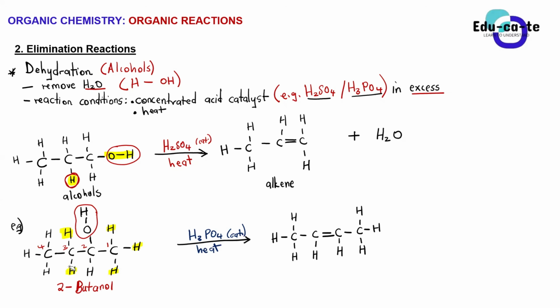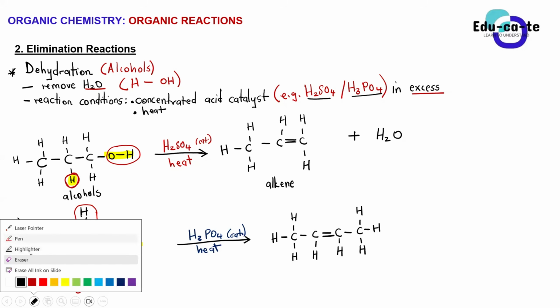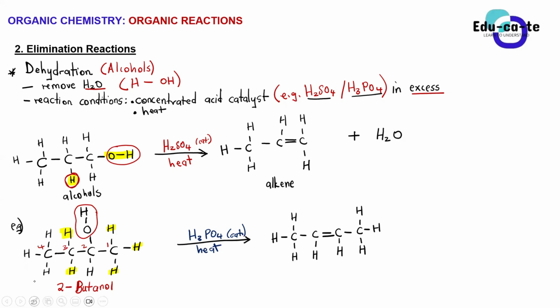To form a major product following Zaitsev rule, you must remove the hydrogen from the carbon that has got fewer hydrogens. Which one has less hydrogens? Carbon 3, right? Because it has 2 of them. But carbon 1 has 3 hydrogens. So we're going to eliminate the hydrogen from carbon 3, this hydrogen from carbon 3.